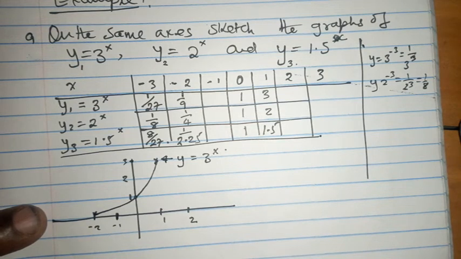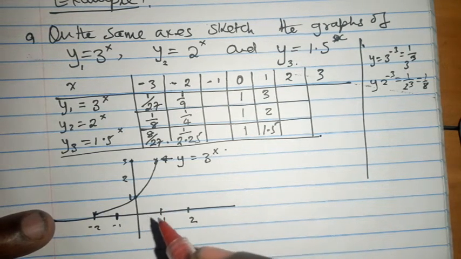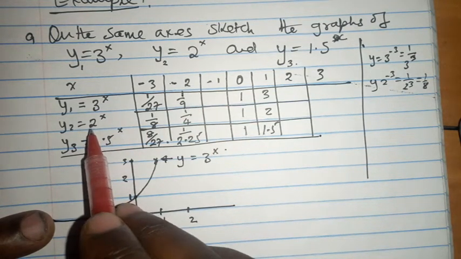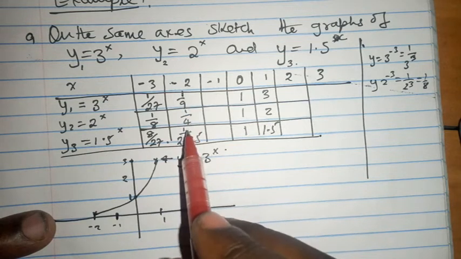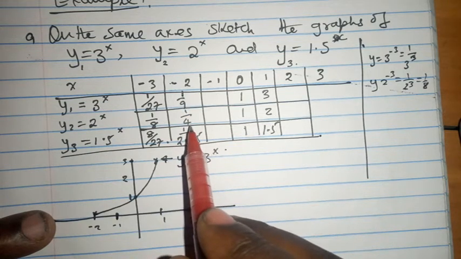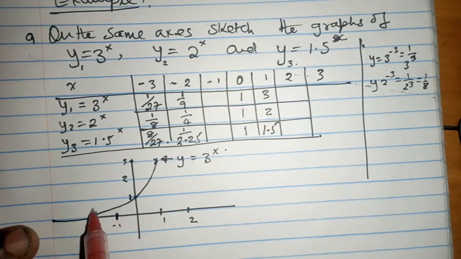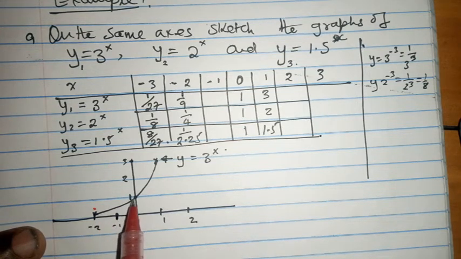I want to construct the other one using a different color. When x is 2 for this particular equation, y equals 2 raised to power x, y is 1 over 4 rather. 1 over 4 is bigger than 1 over 9. So allow me to place it over there without any mathematical meaning, because if we were to look at this, then this should have been 0.5.